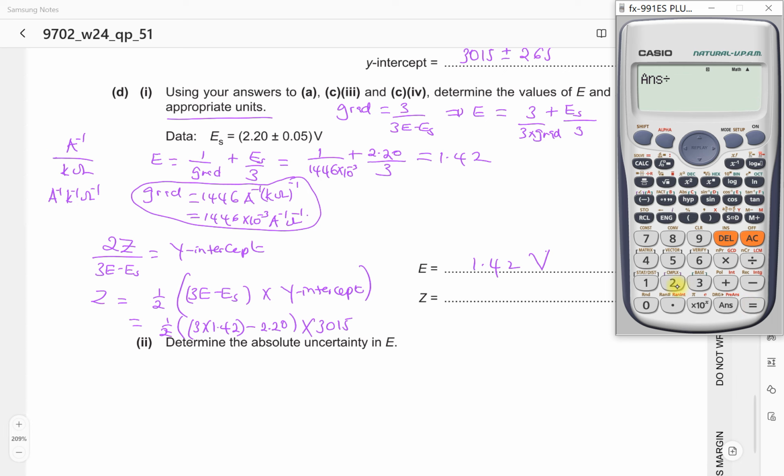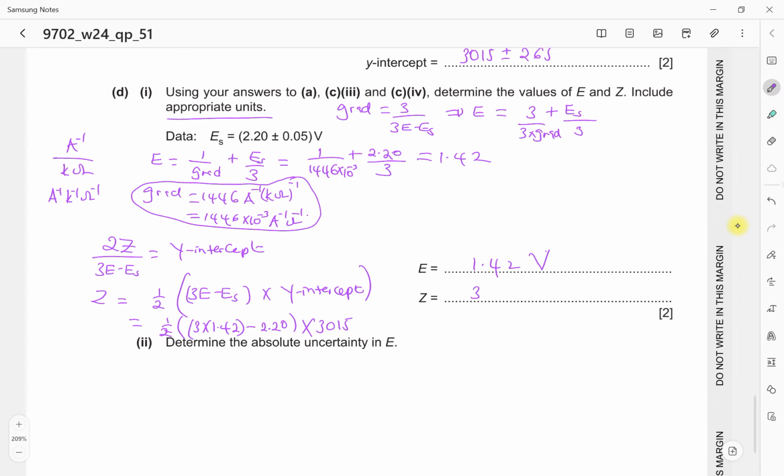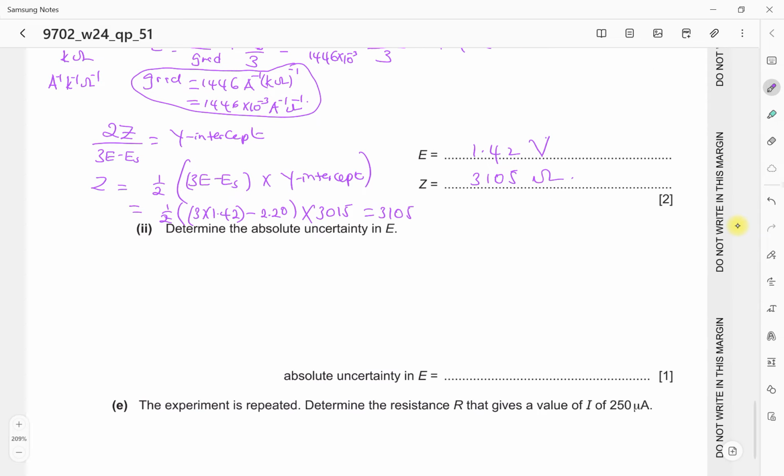Then divide this by 2 because it is a half, which is 3105. And the units, what was Z? I think Z was resistance, and since I have all these in SI units, this is going to be ohms.